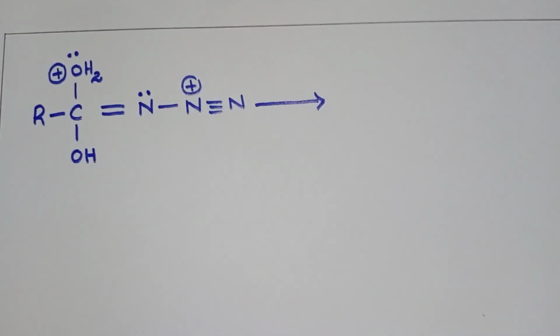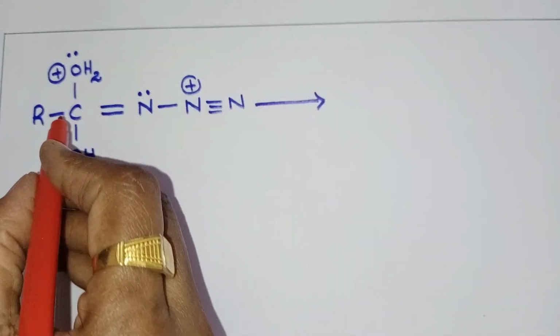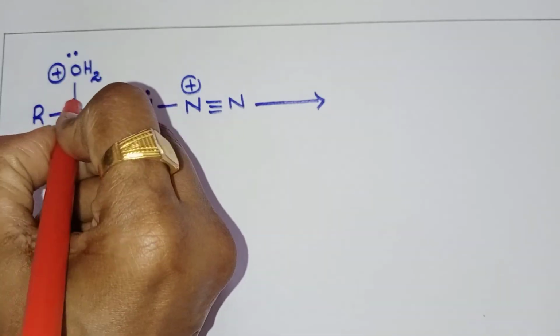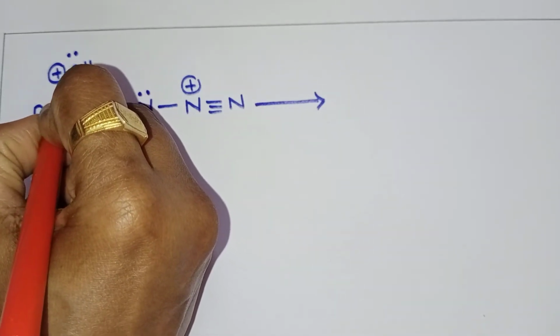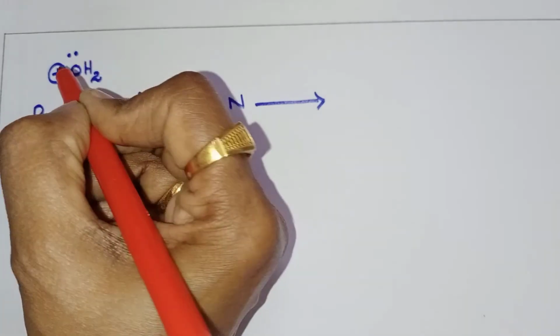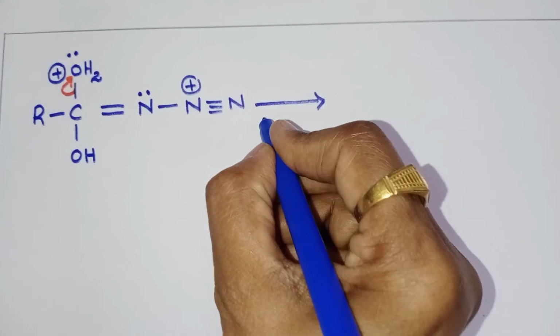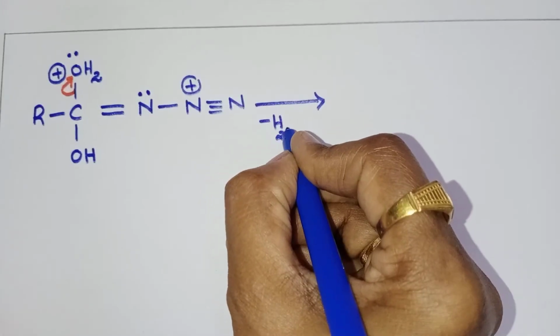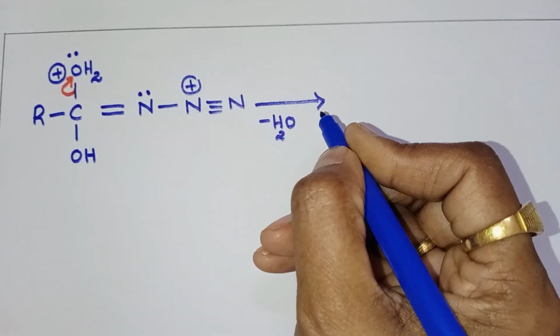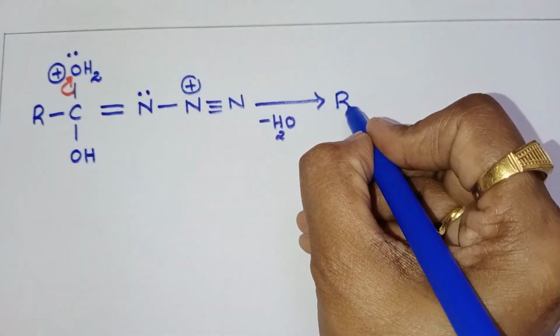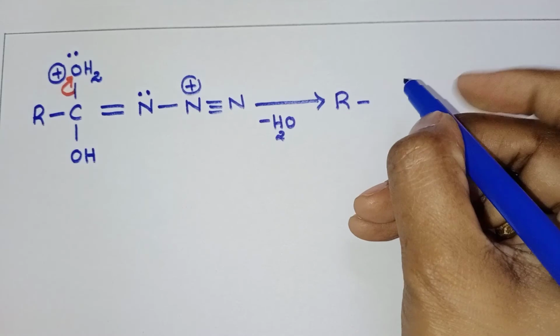You must be knowing how the positive charge on oxygen is satisfied. It takes up this bond towards itself, towards oxygen. So, it comes out as minus H2O.